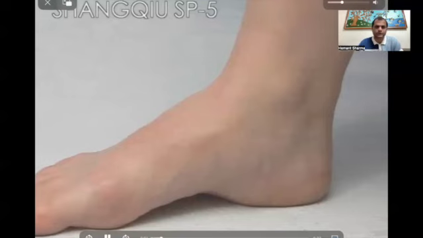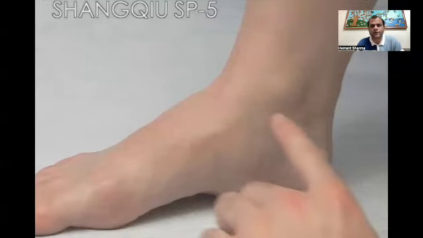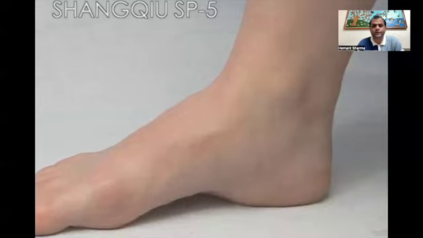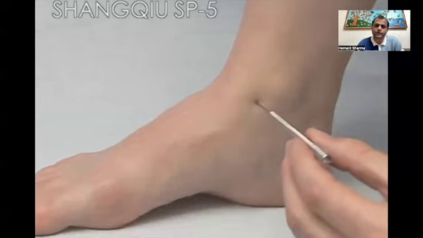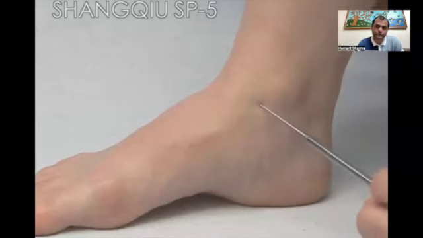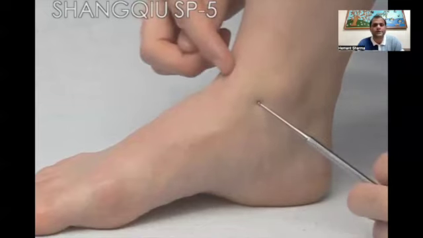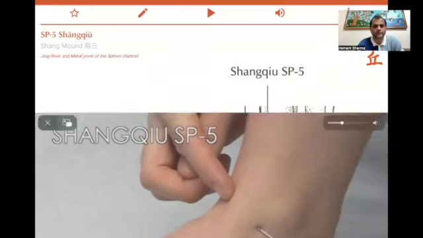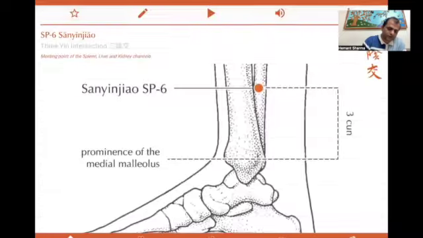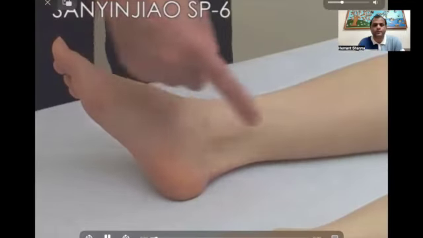So if you look here, we can see this is the depression below the medial malleolus. So we have to treat this point, or we can treat a point a little up or down, but on the spleen meridian, right? We can take one more point, but we have to take the point on the spleen meridian.